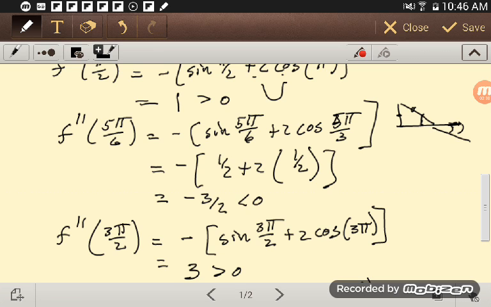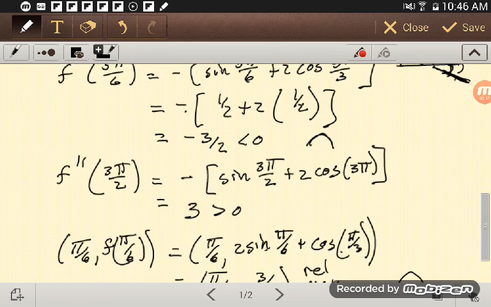Cosine of 5 pi over 3, that's down here, so again cosine is positive, and so I got a positive 1/2 there, so 3/2, but then times the negative, that one was concave down, so a relative max.